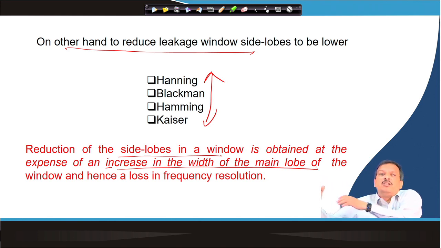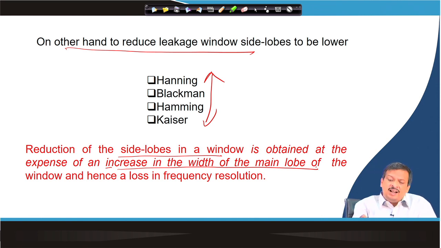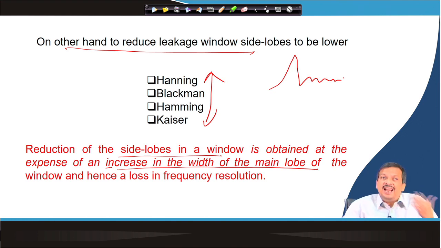Once the side lobe energy is reduced, the main lobe energy increases. So, in a rectangular window, I may say the main lobe is sharp, but the leakage is very high. If I go to the Hamming window or Hanning window, the main lobe is very wide and the side lobe leakage is very less.